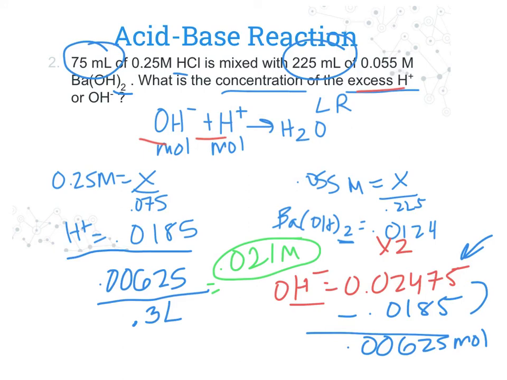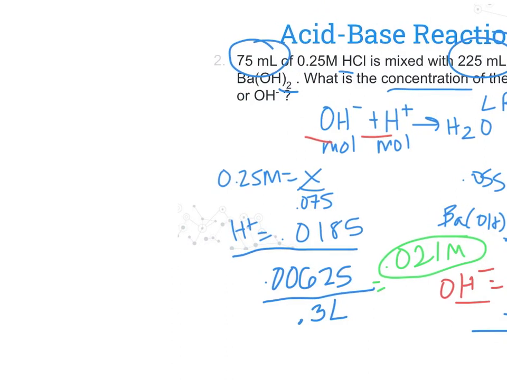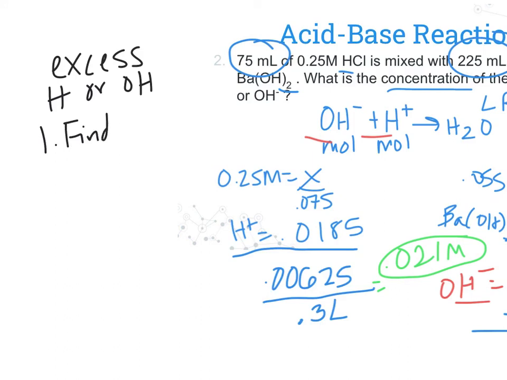Okay, so just to help us out, what I'm going to do over here on the side, and this is our last thing today, if we're trying to find excess H or OH: step 1, find the moles of each ion.